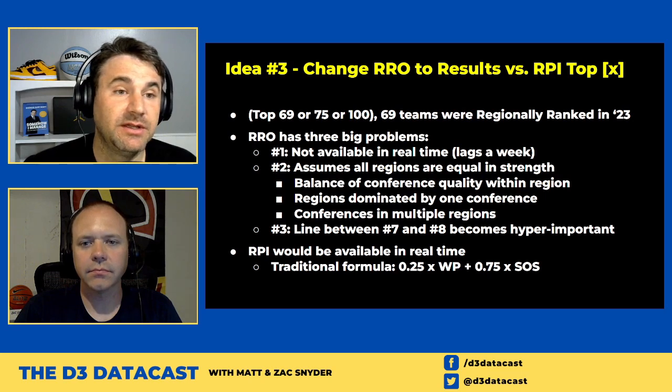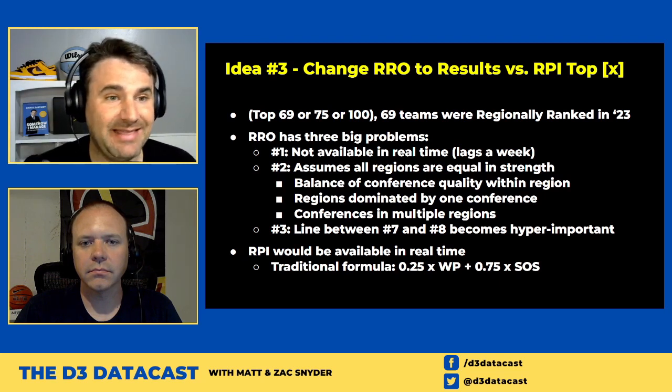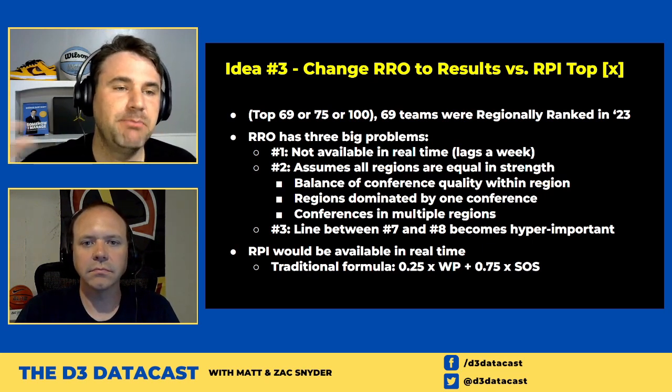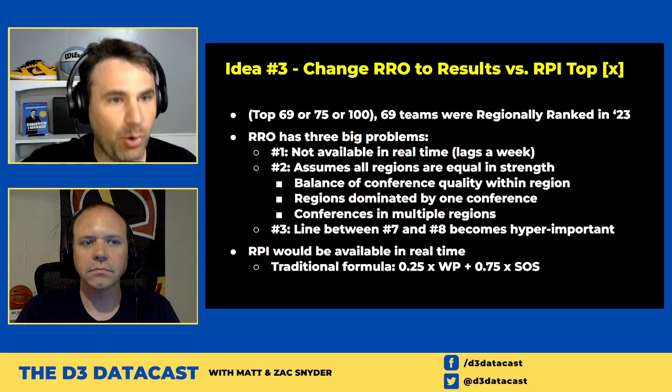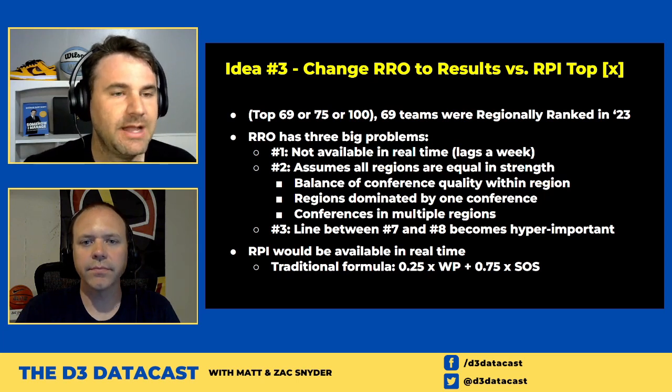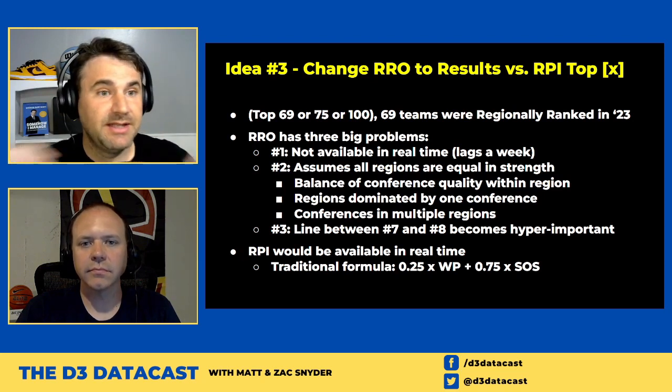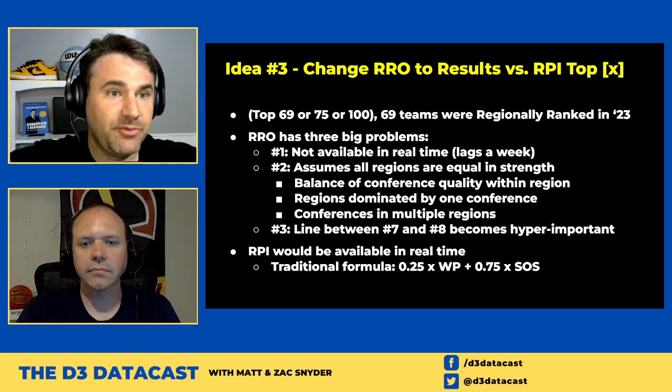I think this would give the committee more live data to work with. It would allow them to spend time on their full region. I think they're already doing a great job of that, but it would make that who's-in-and-who's-out line not irrelevant, but less meaningful week to week, right? It's still important to get teams in the correct order because that's still how we want to select teams, compare teams across regions, take the top remaining team from each of the 10 regions and compare them together all at once.